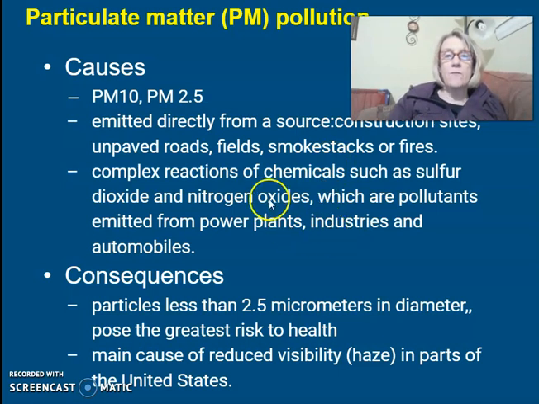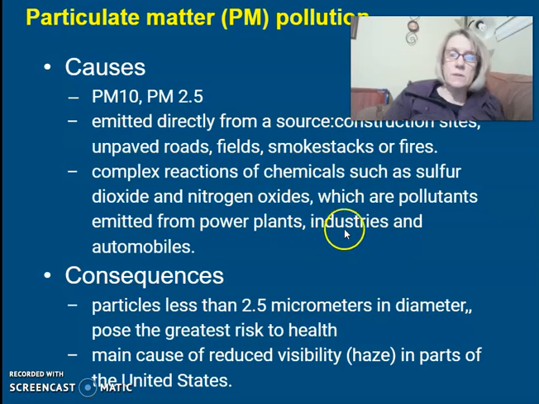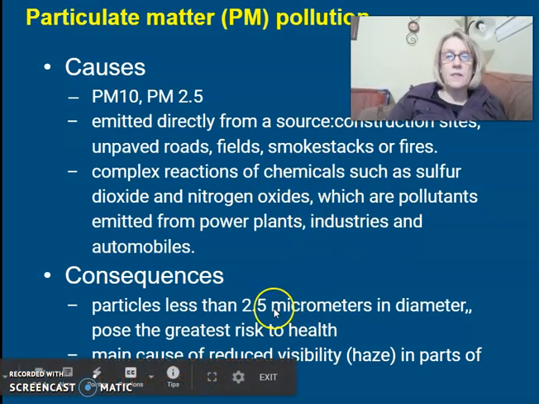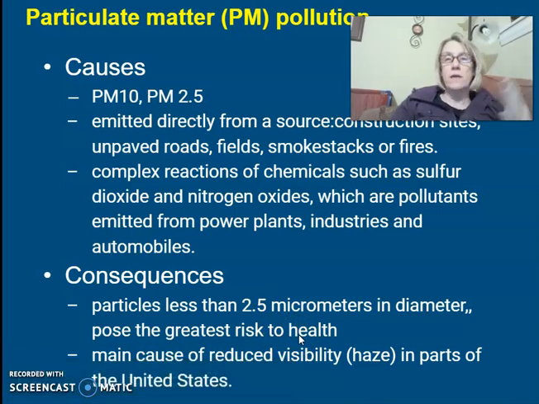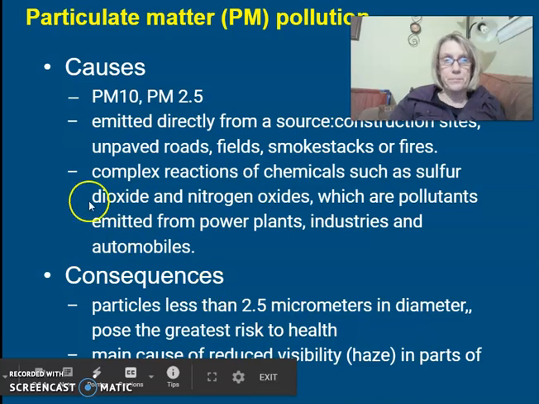It can form various secondary pollutants that are formed from other primary pollutants that are released. The smallest ones pose the greatest risk to health, because they're really small. We inhale them more deeply, and our lungs have more trouble getting rid of them.